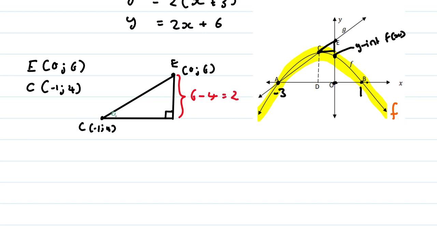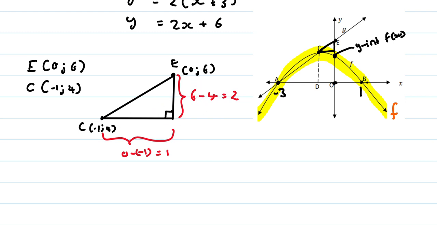And to find this length over here, we can say 0 minus -1, which is basically 1. So this length is 1 and that length is 2.